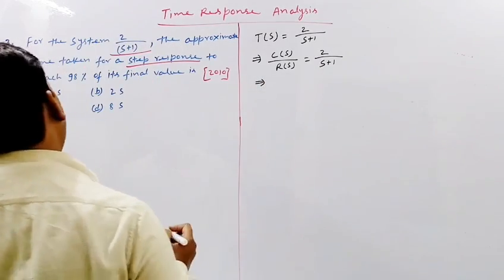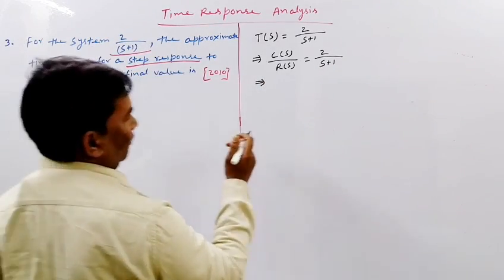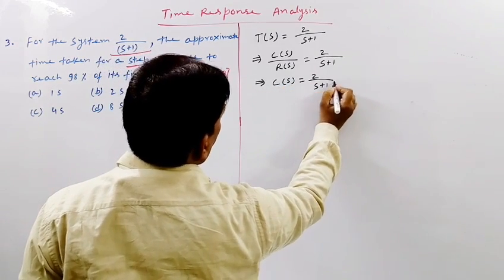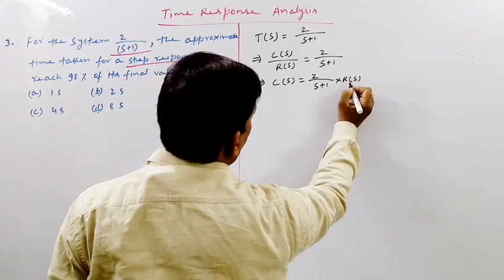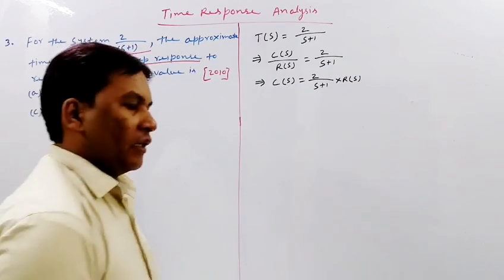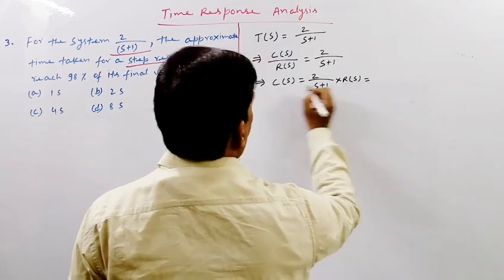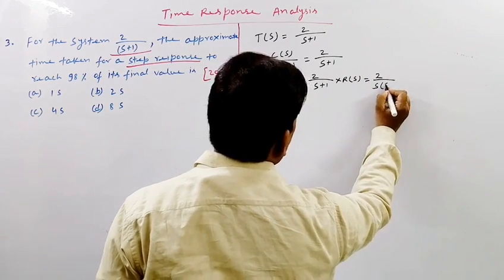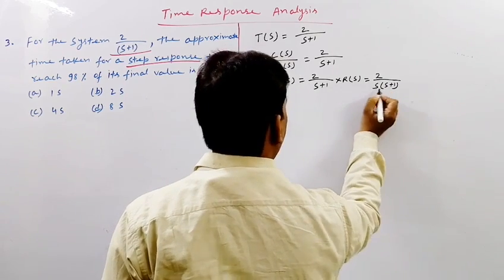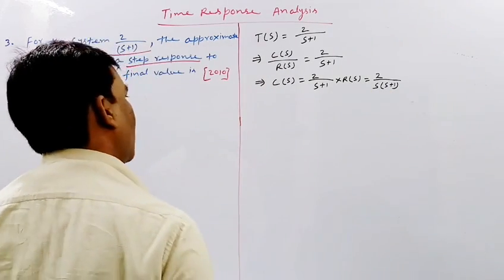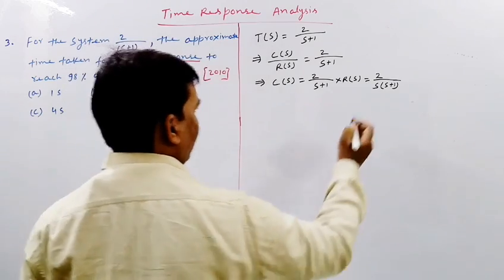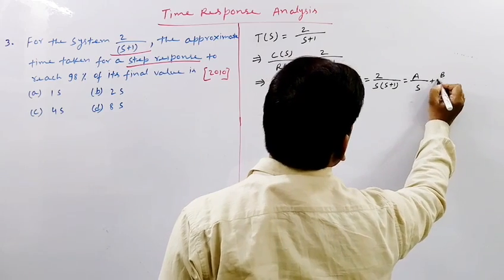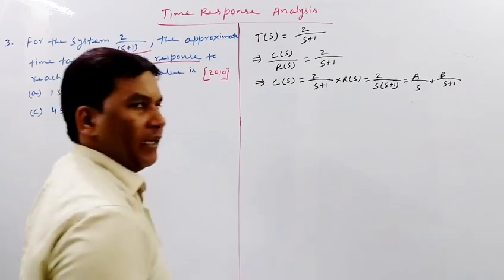R(s) is a step input, so C(s) will be equal to 2 divided by s plus 1 into R(s), and in place of R(s) we can write 1 by s, since the Laplace transform of unit step is 1 by s. So 2 divided by s into s plus 1. Now if we take the partial fraction, it will come a by s plus b by s plus 1. Now we have to calculate a and b.